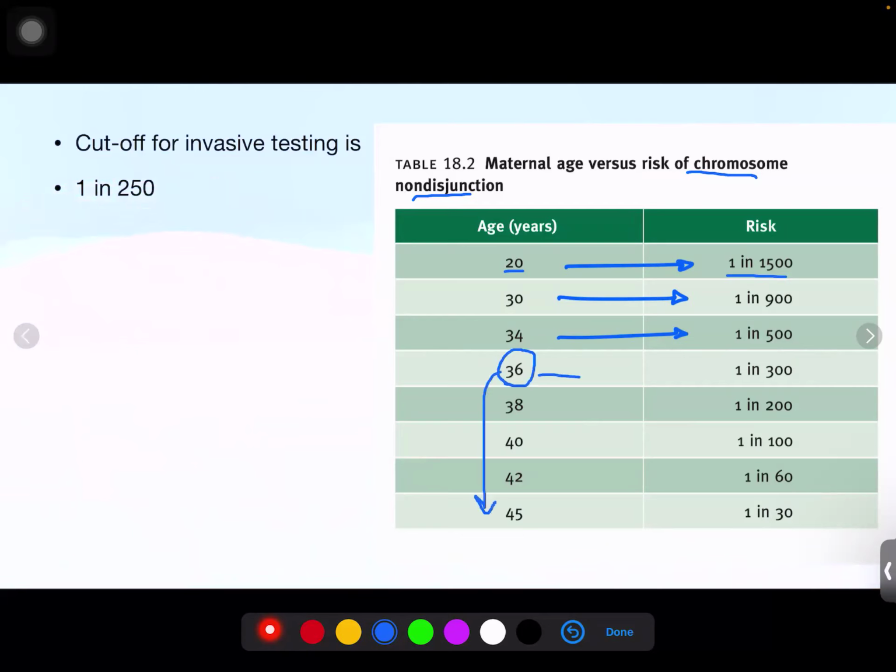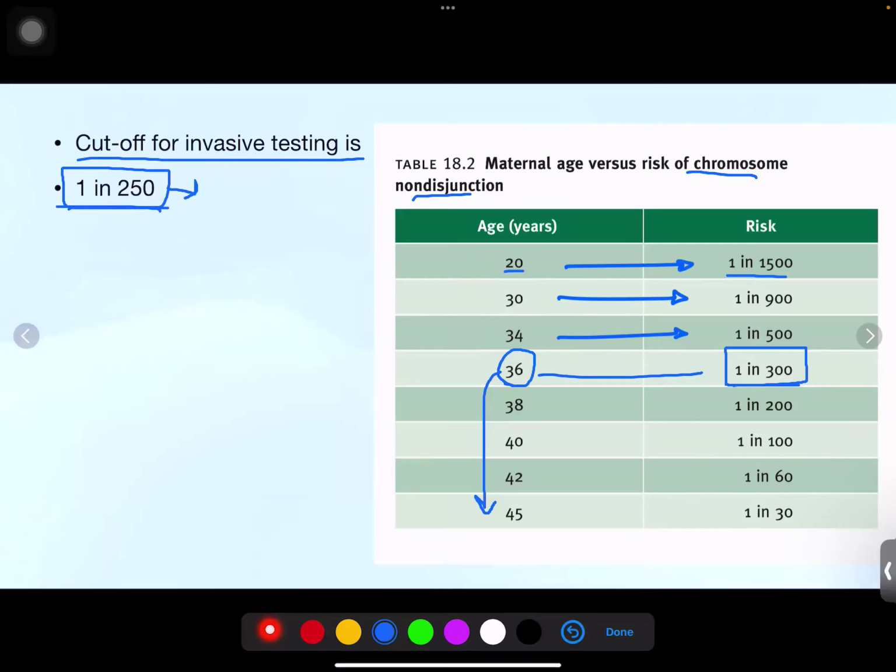At age 36, you have a risk of 1 in 300. And the cutoff for invasive testing is 1 in 250. Basically, this cutoff changes for invasive testing because currently we are having some more non-invasive testing as well.